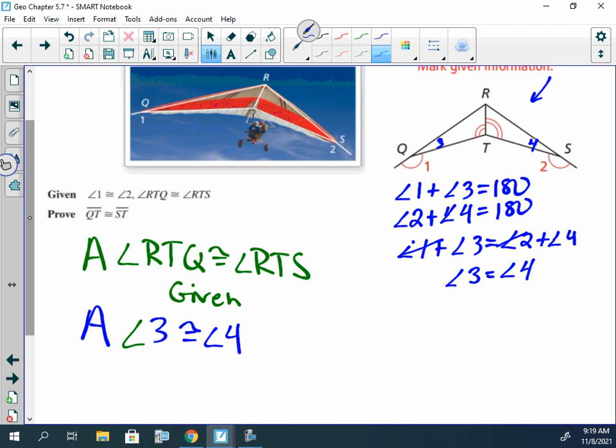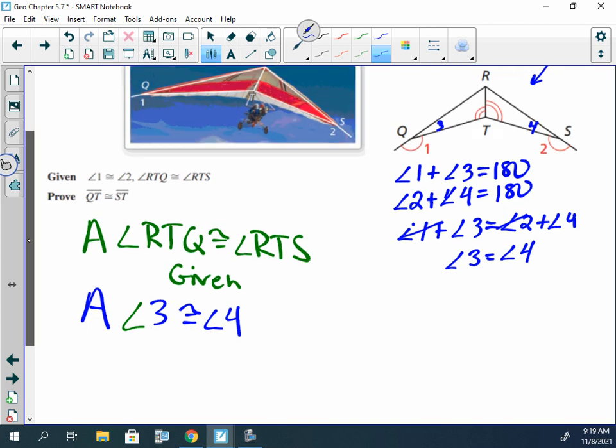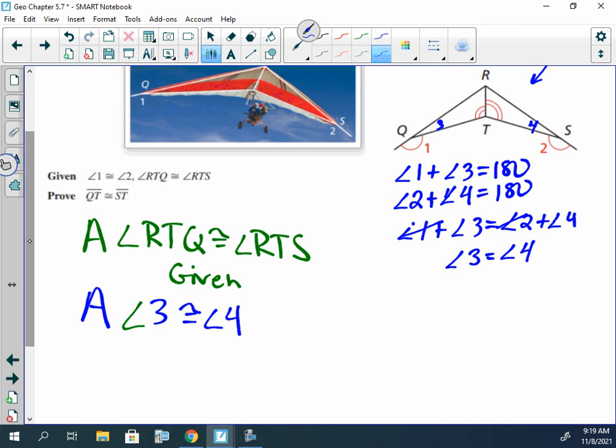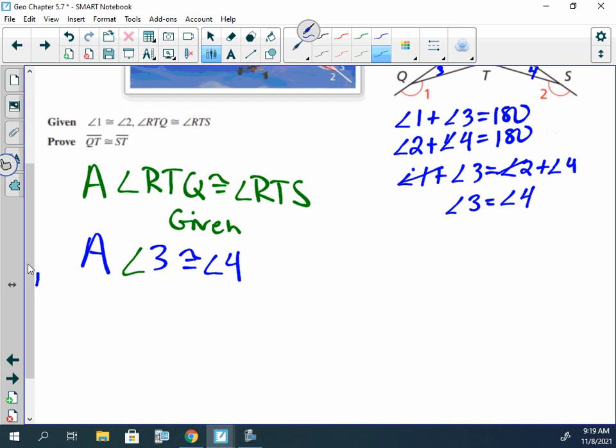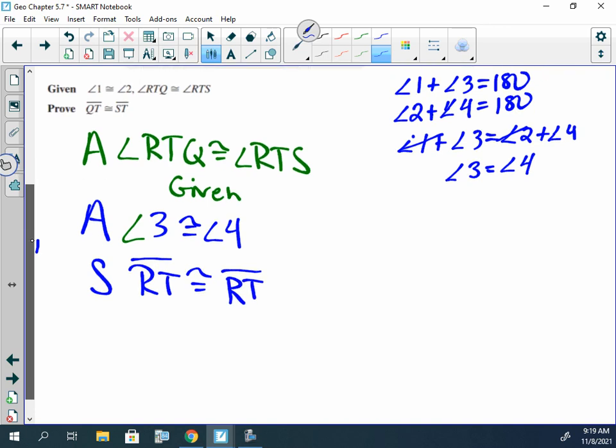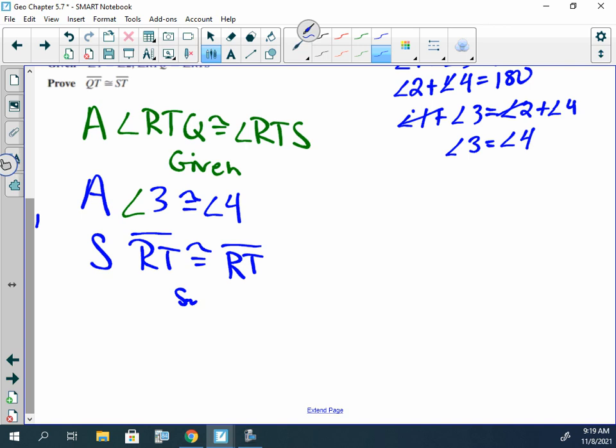The line in the middle, because it's RT in both triangles? Yeah. So we can have a side length RT, which is congruent to side length RT. We can kind of say same line.